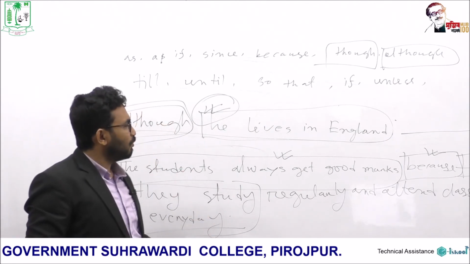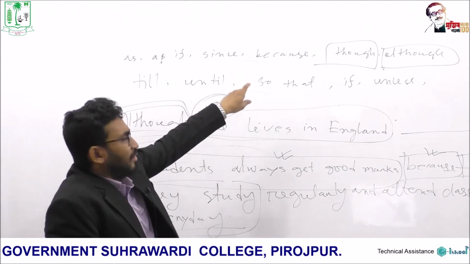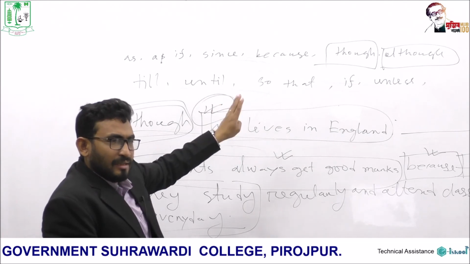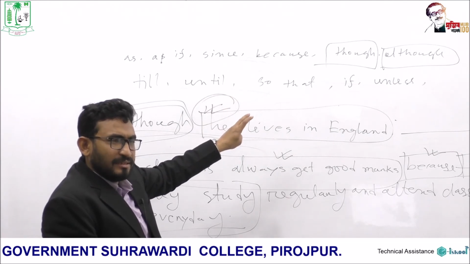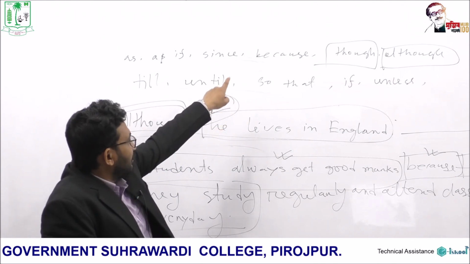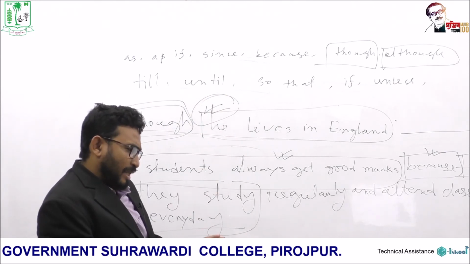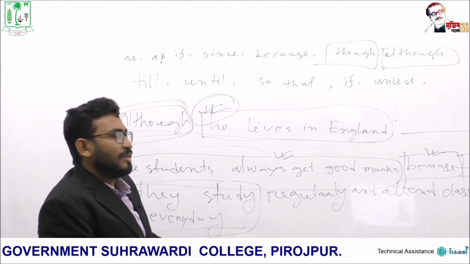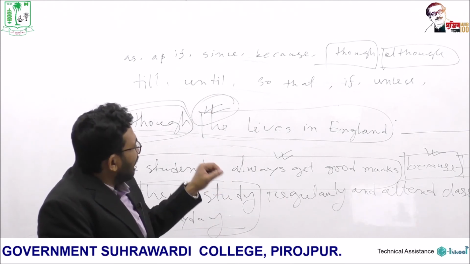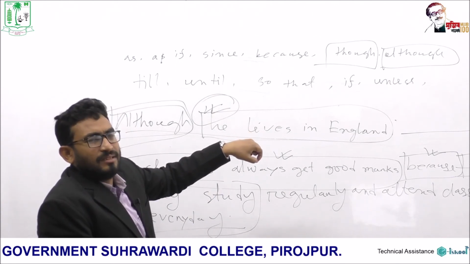Next day, we will see the uses of different subordinating conjunctions and how they are used in complex sentences. And we always know every conjunction maintains a relation between the principal clause and the subordinate clause. Next we will find out what kind of relation that very conjunction creates.